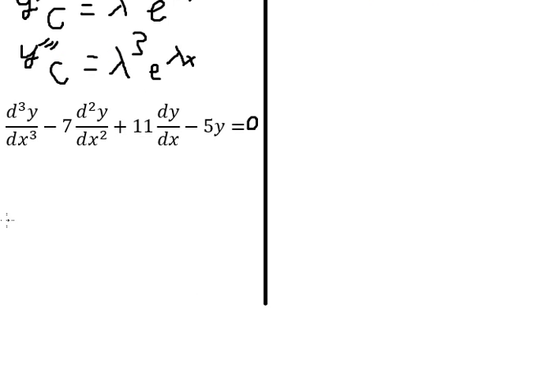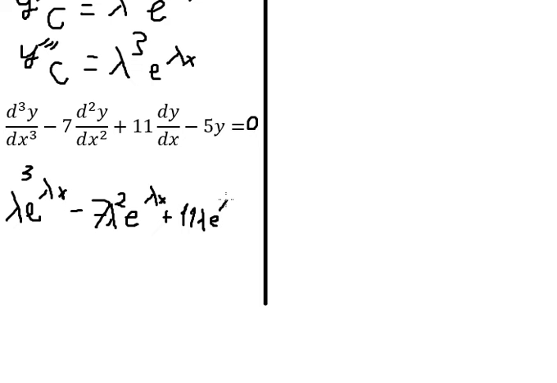So we have lambda to the power of 3 e to the power of lambda s minus 7 lambda square e to the power of lambda s plus 11 lambda e to the power of lambda s minus 5 e to the power of lambda s. So we have e to the power of lambda s.